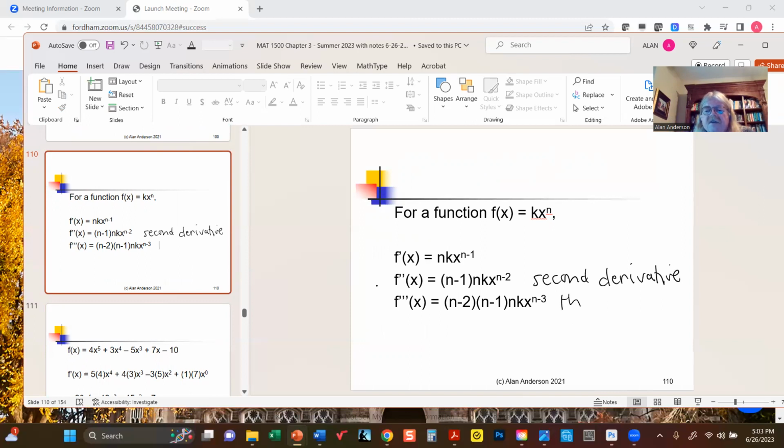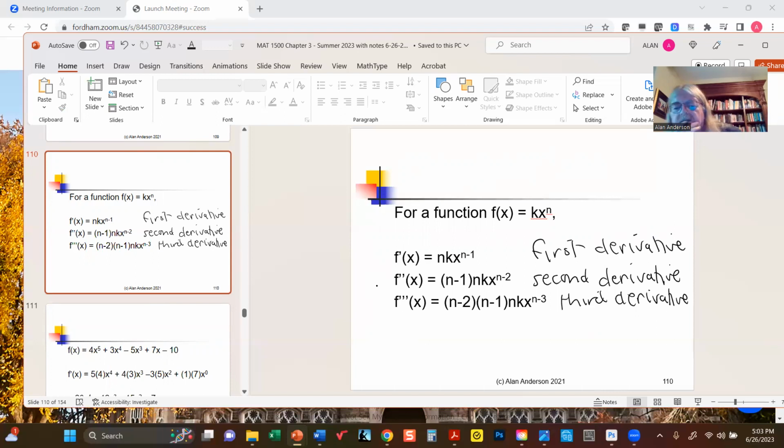This is the third derivative. And this is the first derivative. Usually we just say the word derivative when we mean the first derivative. But for the others, you have to specify which one you're referring to.